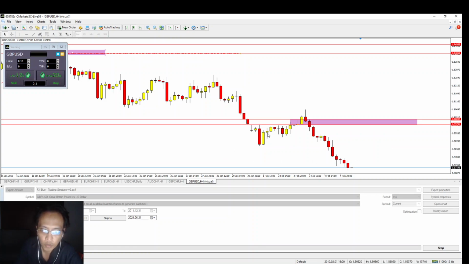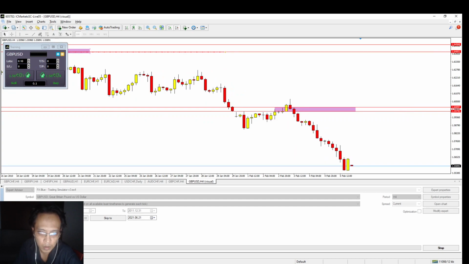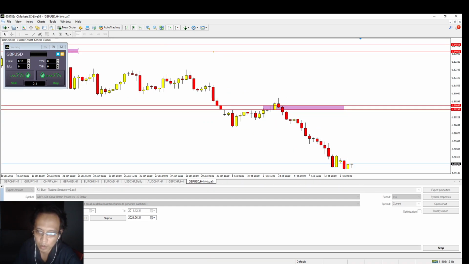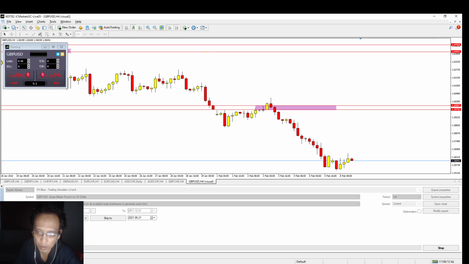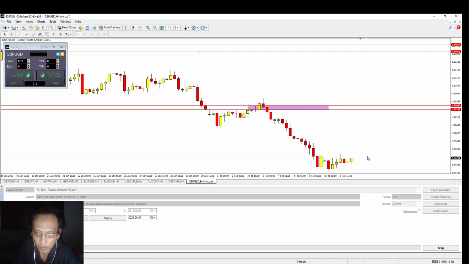Okay, so for instance, just now I showed you a buy stop and a sell limit, but the sell limit never got activated. So for instance, in this case, I'm going to give you an example.